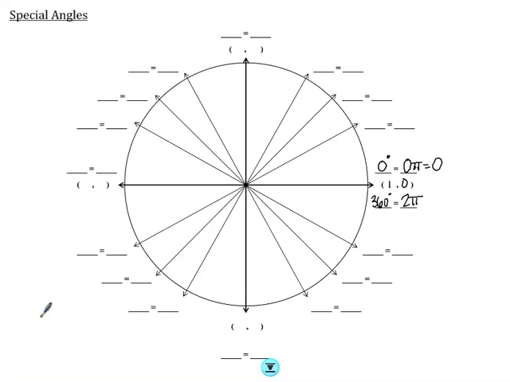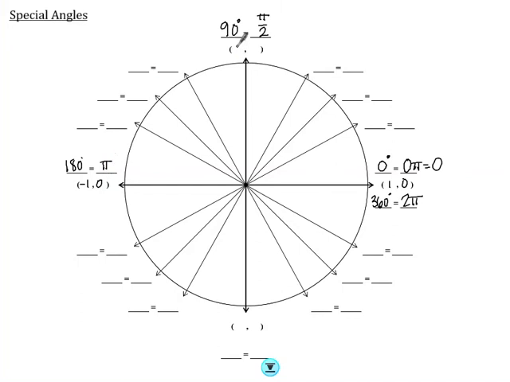Since we know that 2 pi radians, or 360 degrees, is a full rotation around the circle, that means that going halfway around the circle is 180 degrees, or pi radians. This point would have coordinates -1, 0. Going a quarter of the way around the circle would be 90 degrees, and that would be pi over 2 radians, because it is half of 180 degrees, or pi radians.